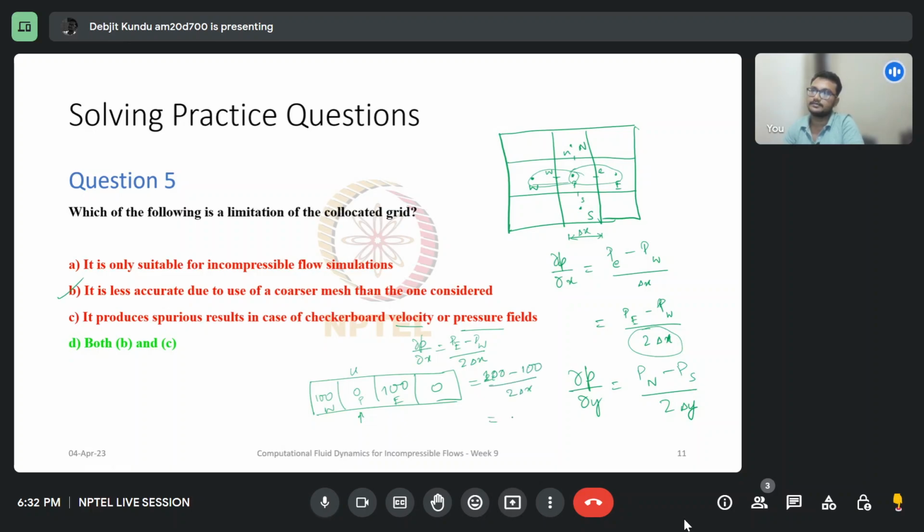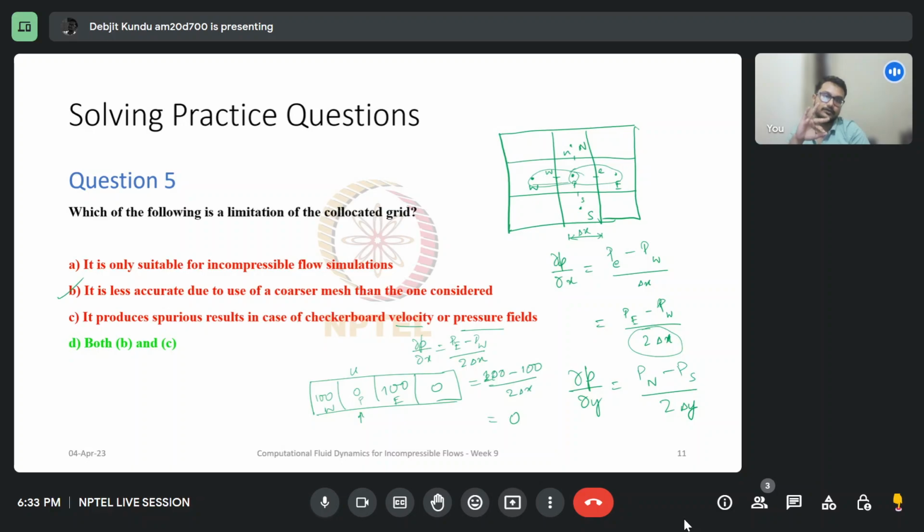So this essentially becomes 0. So for this cell here, this does not experience any pressure gradient at all. So that won't affect the velocity as well. So the pressure field does not affect the velocity field in this case.